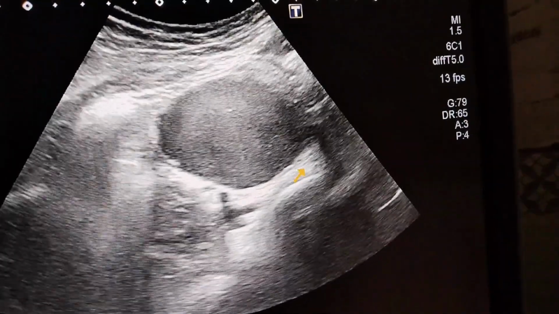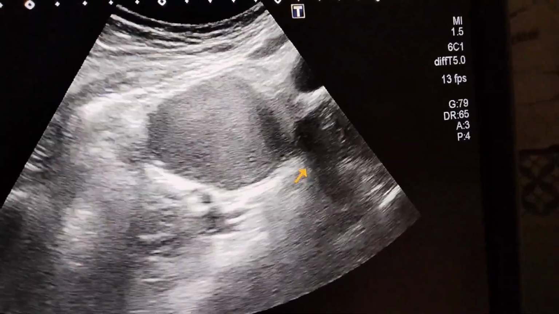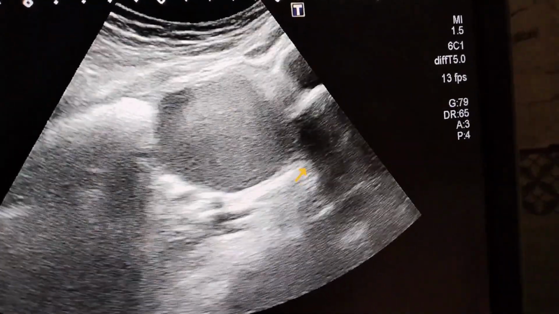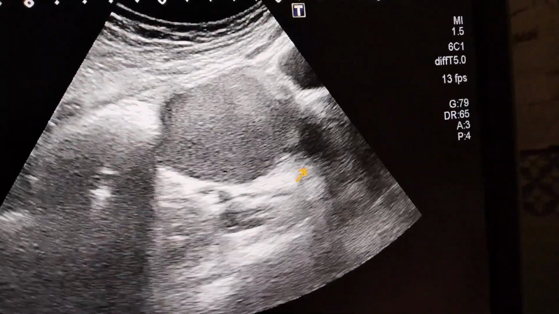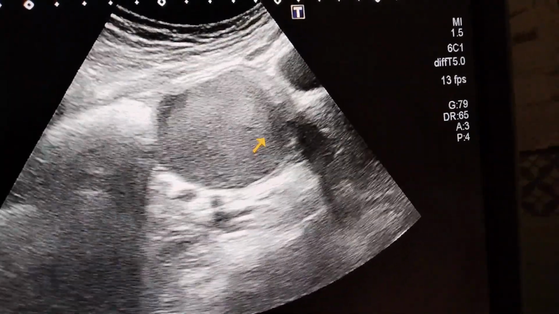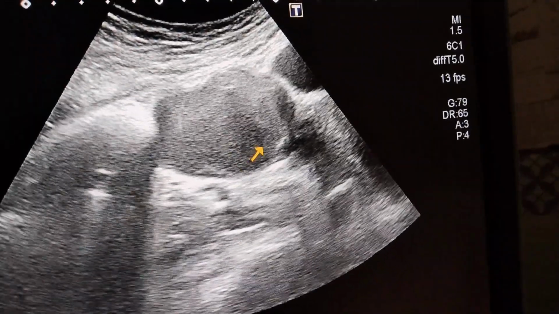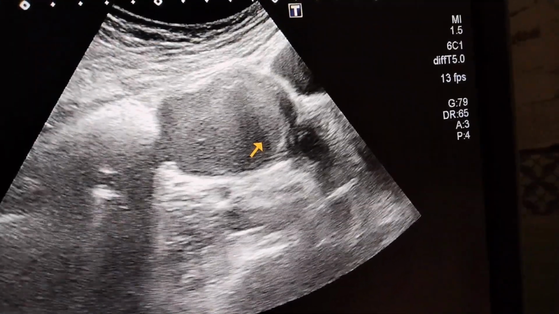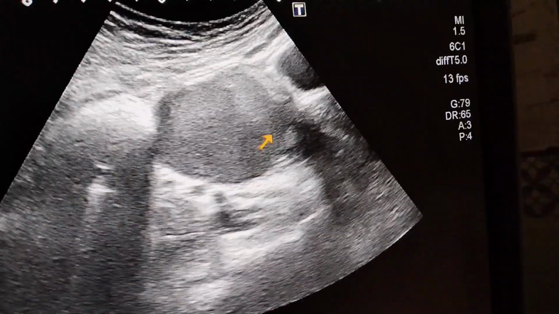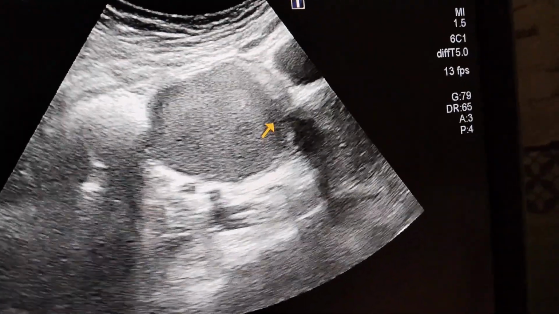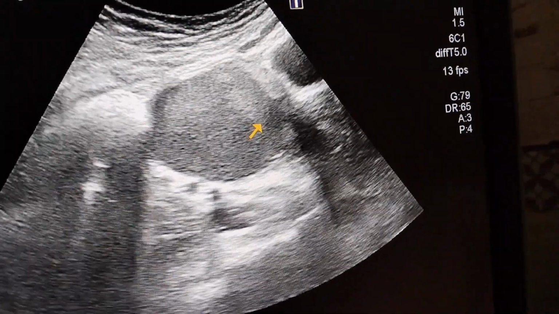So this was all about the endometrioma and chocolate cyst. One thing I forgot to tell you is why it is called chocolate cyst. Because of the breakdown of the hemoglobin and other blood products, the internal material becomes brown like melted chocolate.